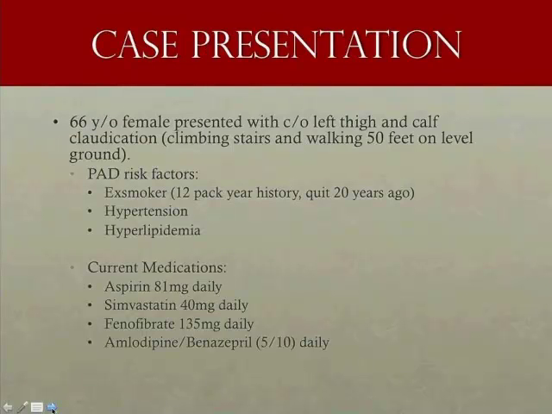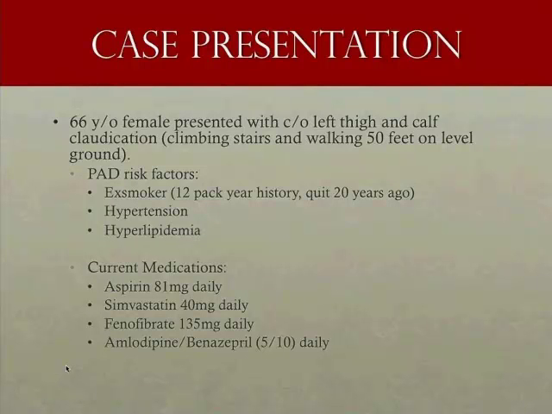We begin with two cases. The first case is a very pleasant 66-year-old female who was referred to me for complaints of left thigh and calf claudication. She has significant symptoms while climbing stairs and just walking 50 feet on level ground.